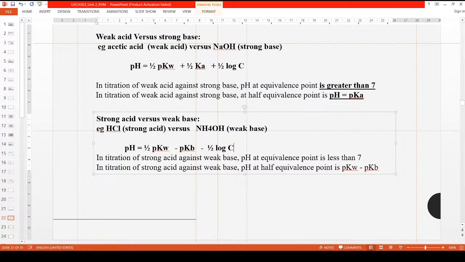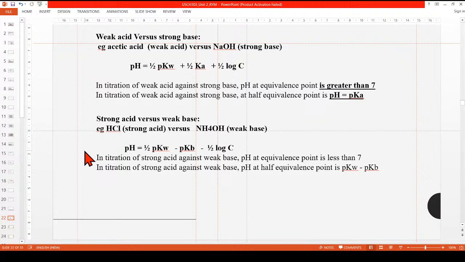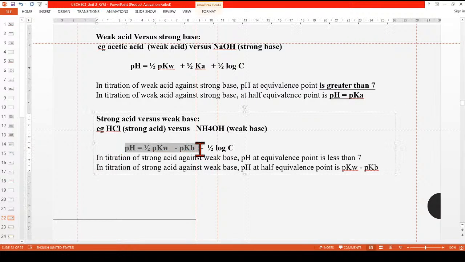Just remember this difference. We are not going into details because we don't have time, and also the examination is not an offline examination. So just remember the equation for strong acid versus weak base: pH is equal to 1 half pKw minus 1 half pKb minus 1 half log C.